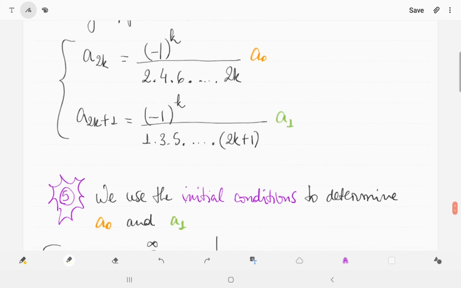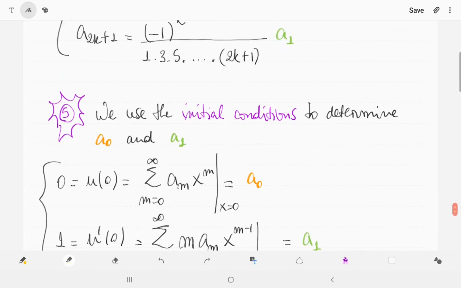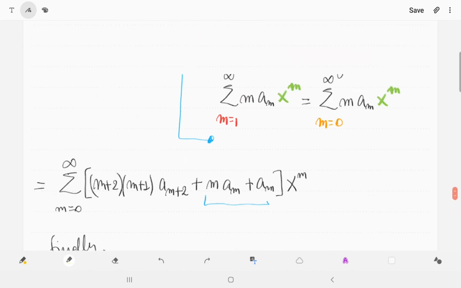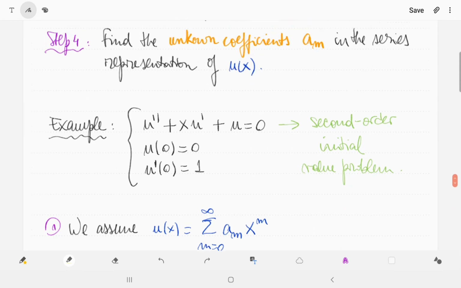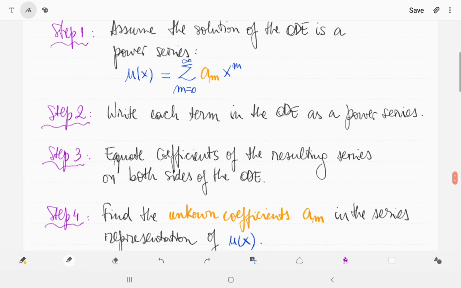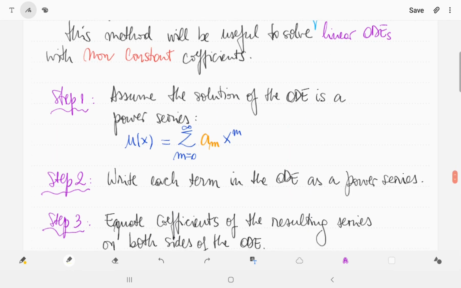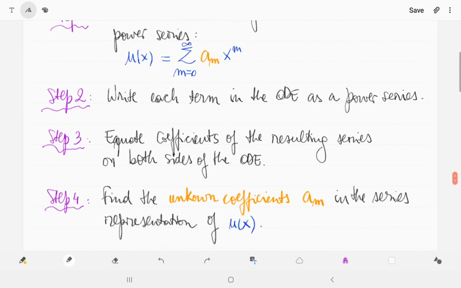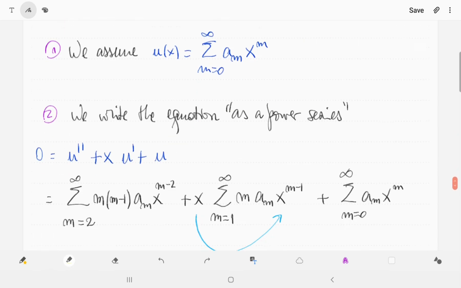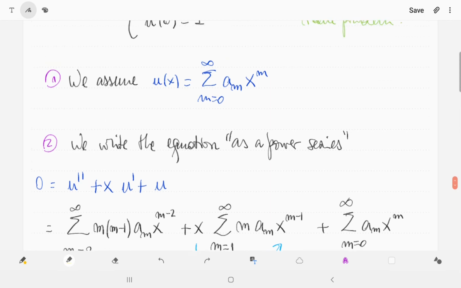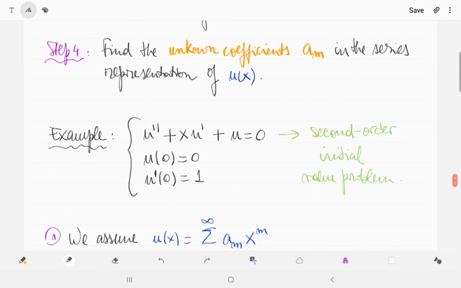So, step 5, which is not described in the method, as we remember that we have 4 steps, but we can add this new step. It's related with the initial conditions.